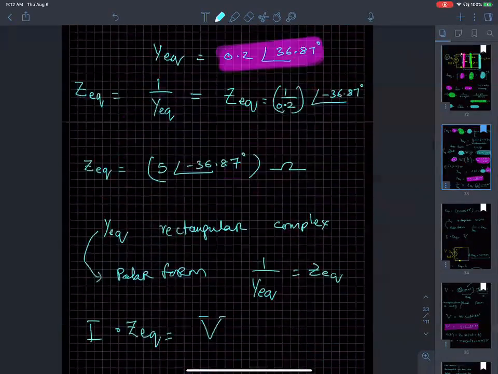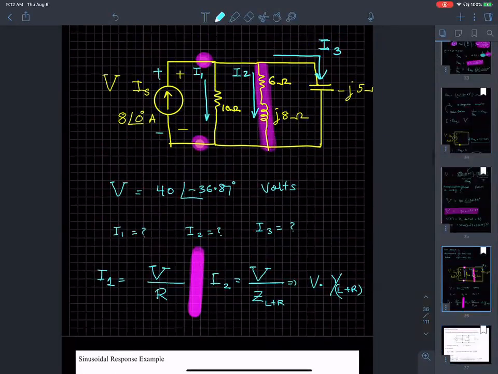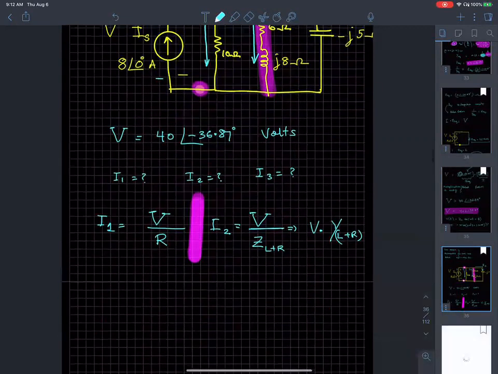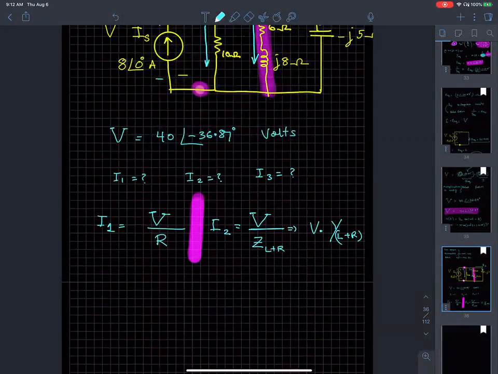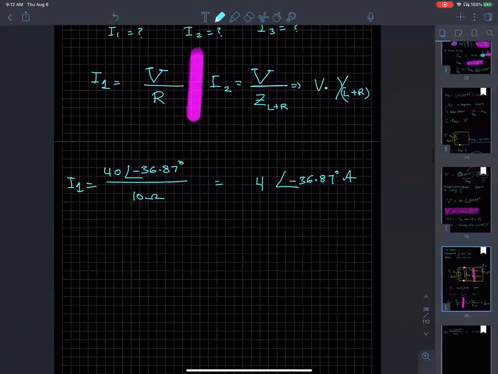You're right that when you want to find the current I1, you simply take V and divide it by R. So V is 40 angle negative 36.87 degrees, divided by R, which is 10 ohms. So I1 is going to come out to be 4 angle negative 36.87 degree amperes. This is I1.